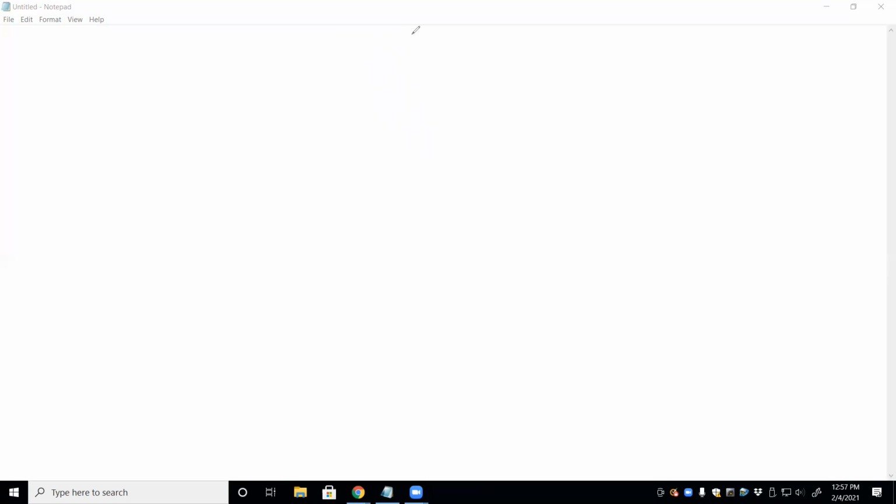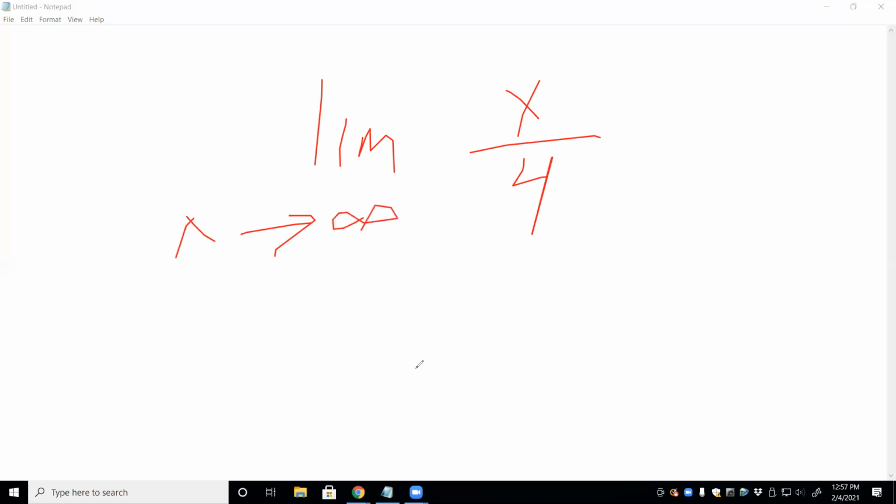If the denominator is blowing up and the numerator is staying the same, then it always goes to 0. If it's the other way around, where I said what's the limit of x over 4 as x goes to infinity, well, now you have the numerator blowing up and the denominator staying the same, so that's going to go to infinity.